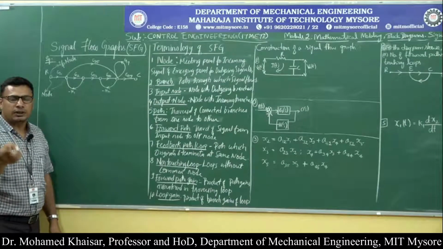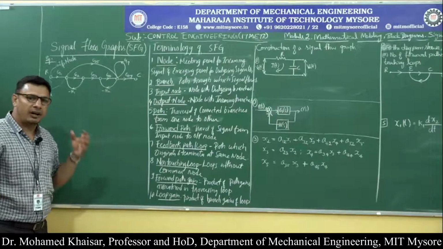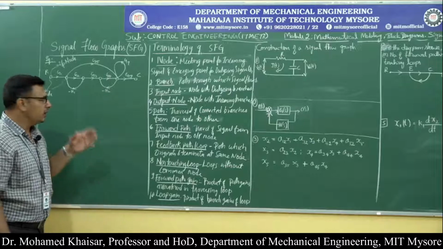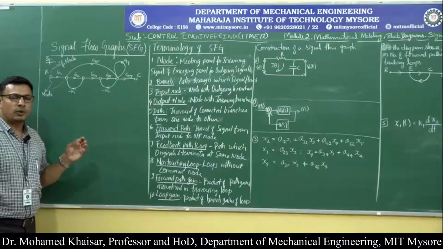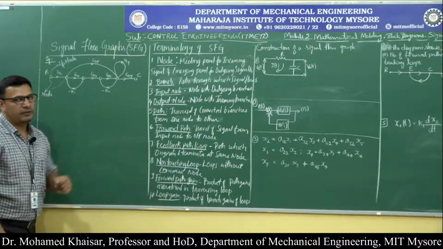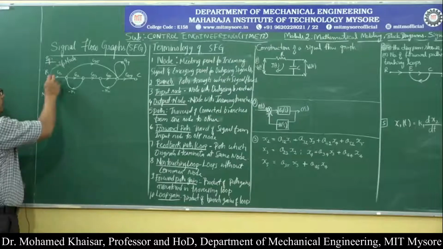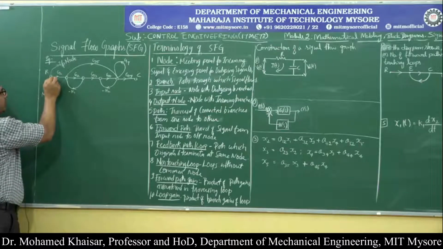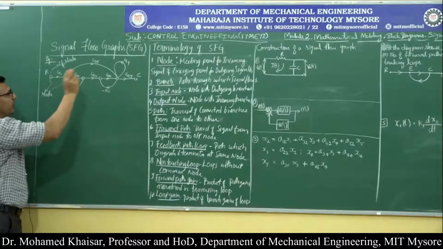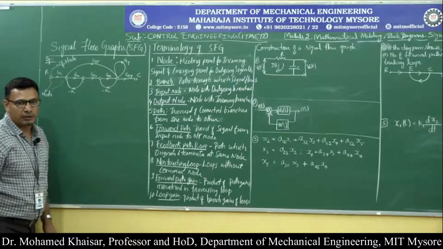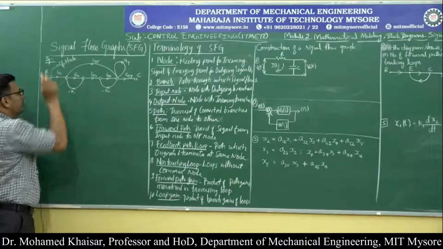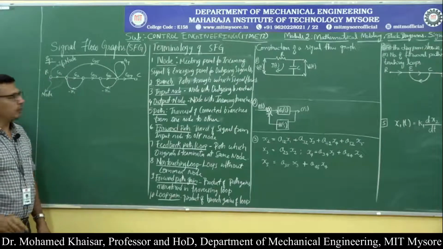So the node at the beginning, or more precisely, the node from where there are only outgoing branches, such a node is called the input node. There is no incoming branch to it, because of which this node is called the input node.